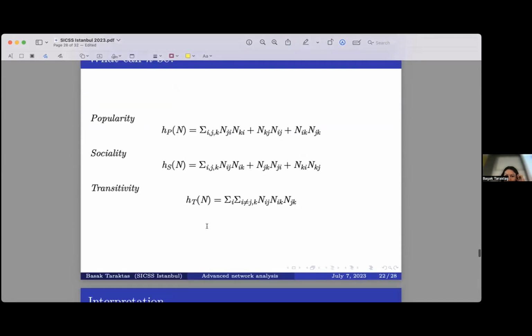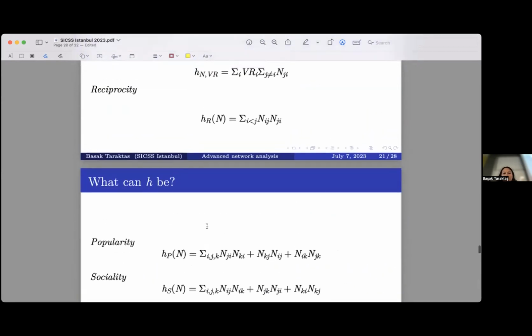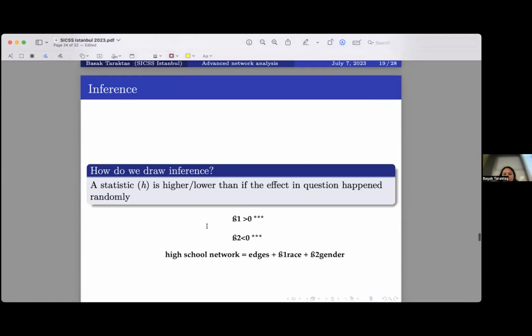So anyways, a network model would look something like that, plus maybe some more dependency terms, Beta 3, like transitivity. Okay.